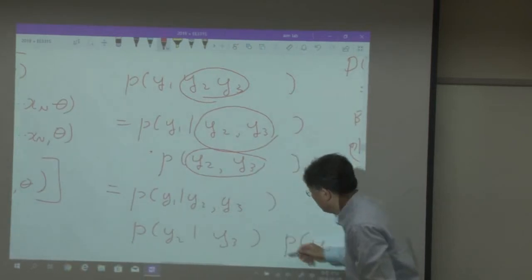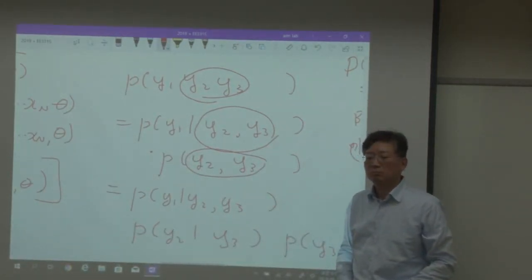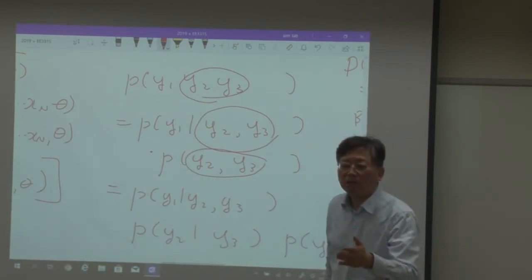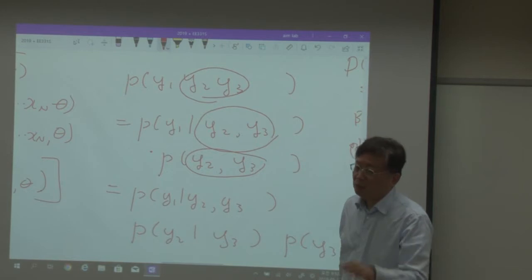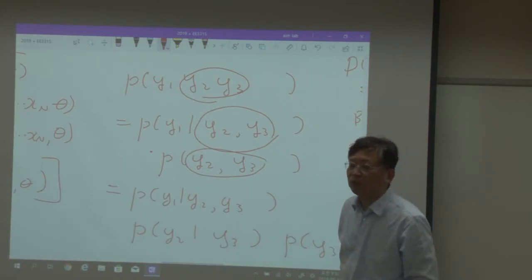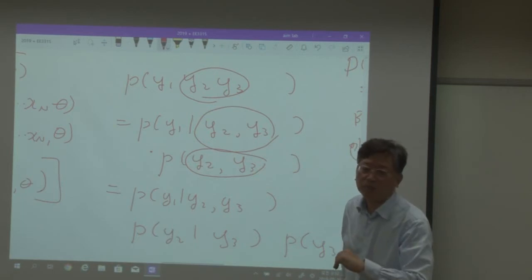I split this up, this Bayes rule one more time. And from basic probability that you learned, this is called, say it again, Markov chain. Markov chain, right?